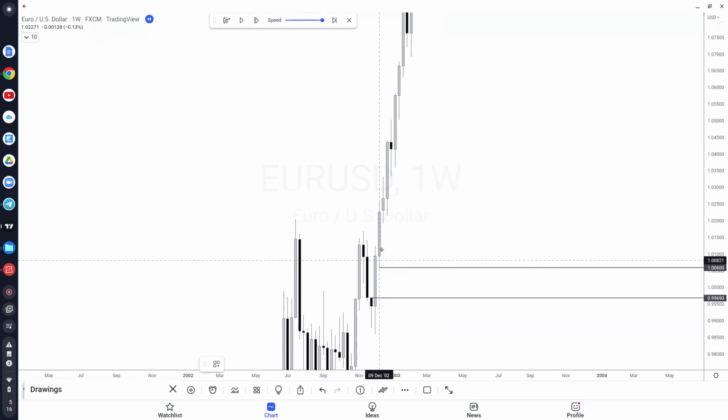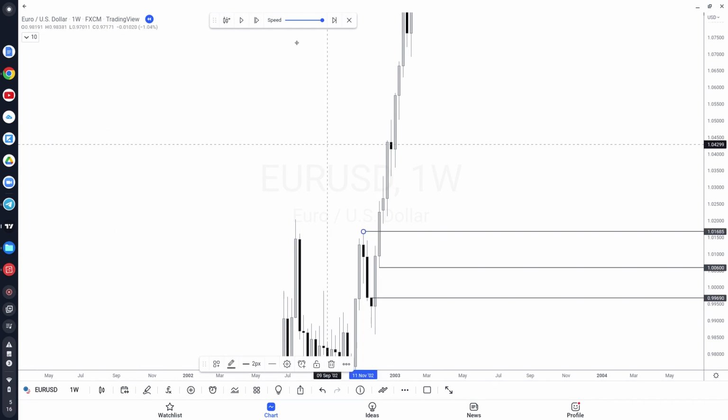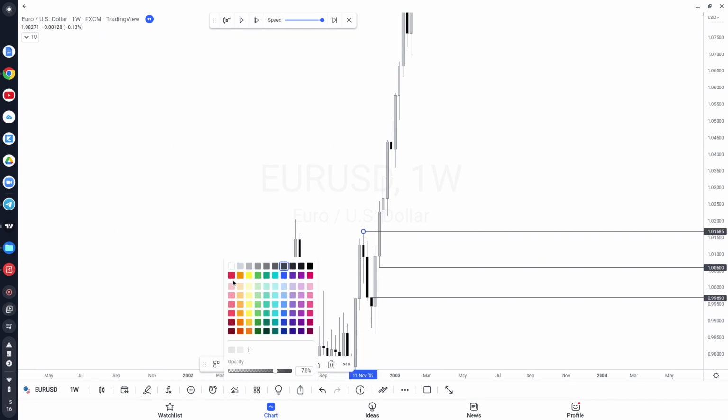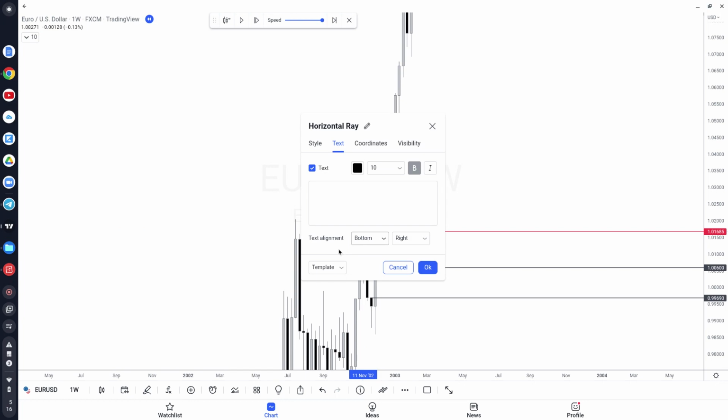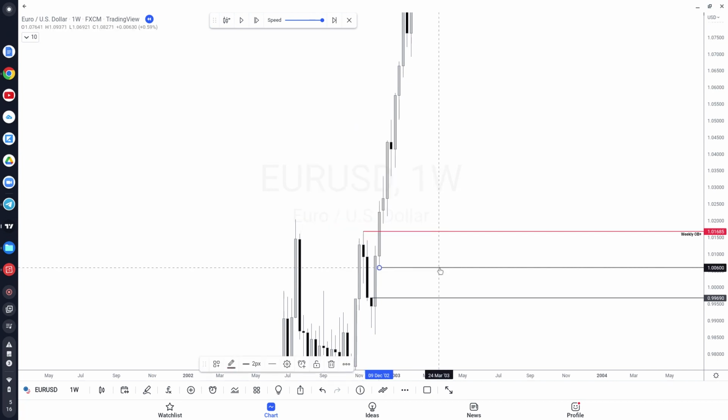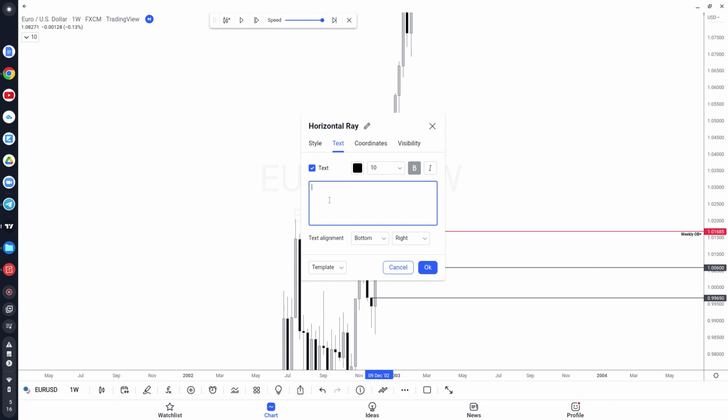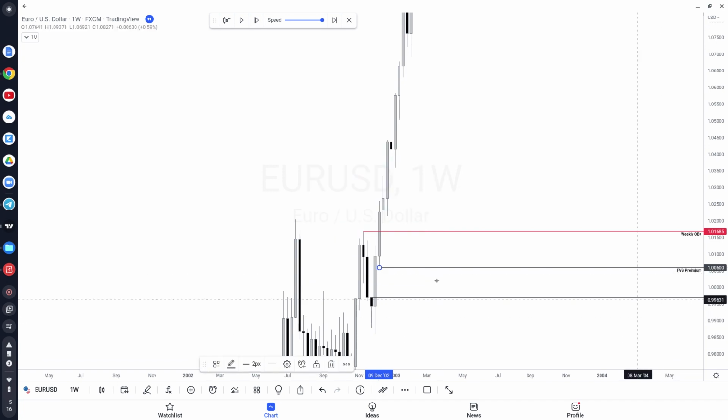And then with this red box, we'll outline the opening price of the weekly order block. Right, fair value gap premium, and you should understand that this last line is fair value gap discount.